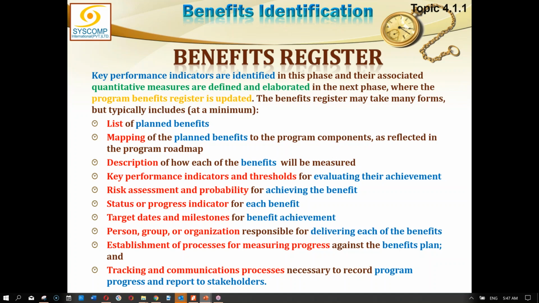But you must understand that some of the information must be provided. Like, if you do not qualify your benefit, like you do not define how to measure it or what the KPIs are, then probably you cannot move ahead. Risk assessment probably is good to have. So if not all, at least the major risks related to that benefit must be identified at that stage.